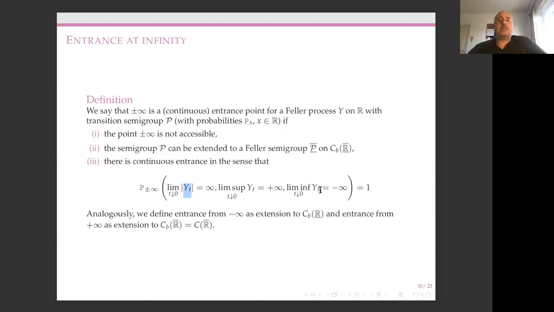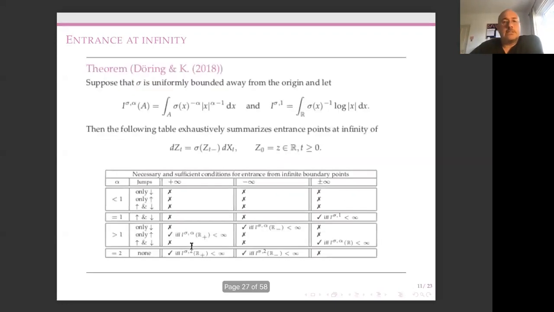So it means as I look back in time towards the origin, I see the process exploring larger and larger distances away from the origin, both in the plus and the minus direction. And now once you've seen that definition for plus minus infinity, you can pretty much imagine how to adjust it for plus infinity or minus infinity. As I said, I'm going to talk about this case here, plus minus infinity.